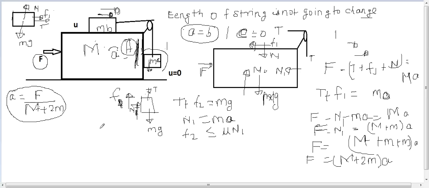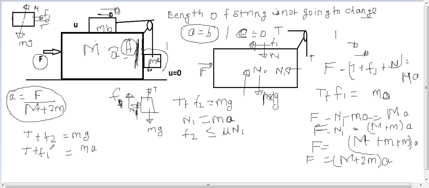Now what condition do we have more? We have T plus F2 is equal to mg, and T plus F1 is equal to ma.